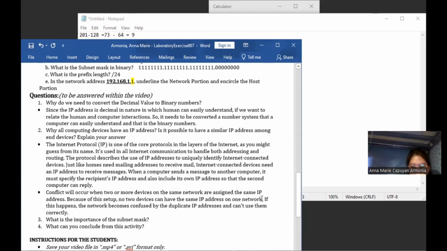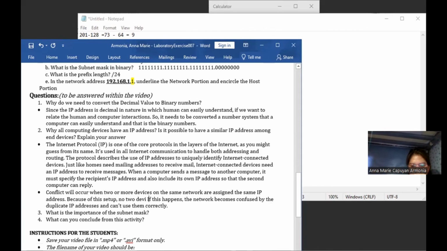If this happens, the network becomes confused by the duplicate IP address and can't use them correctly.